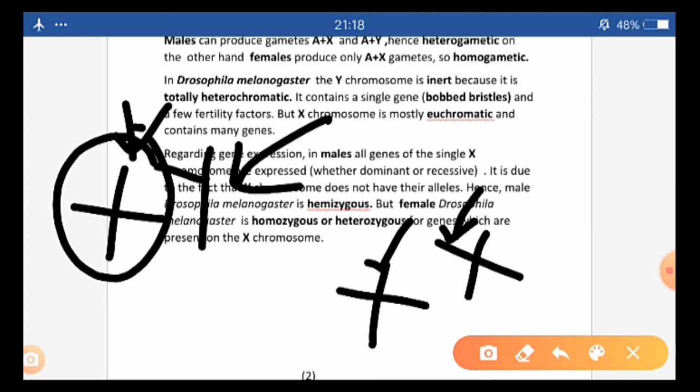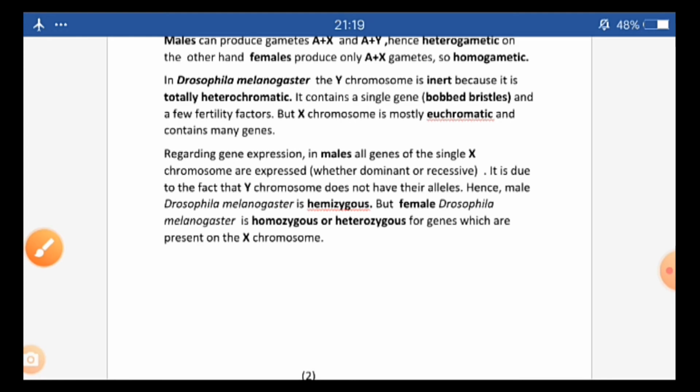So the male Drosophila is hemizygous and the female Drosophila is homozygous or heterozygous. If the two alleles are same, just like capital T of a pea plant, if they are dominant in both cases, then it will be homozygous, and if one is dominant, another one is recessive and present in different X chromosomes of the female Drosophila, then it will be termed as heterozygous. Clear? Okay.